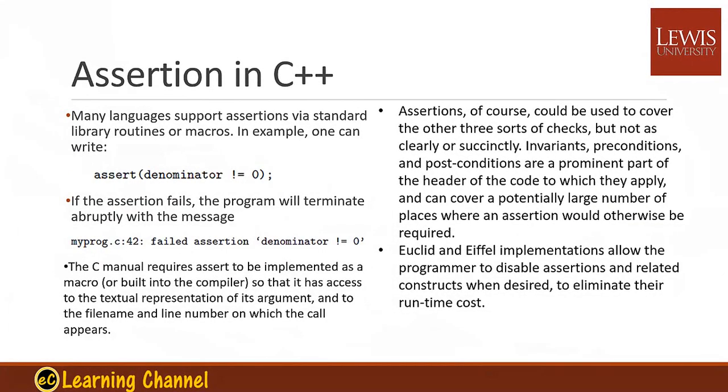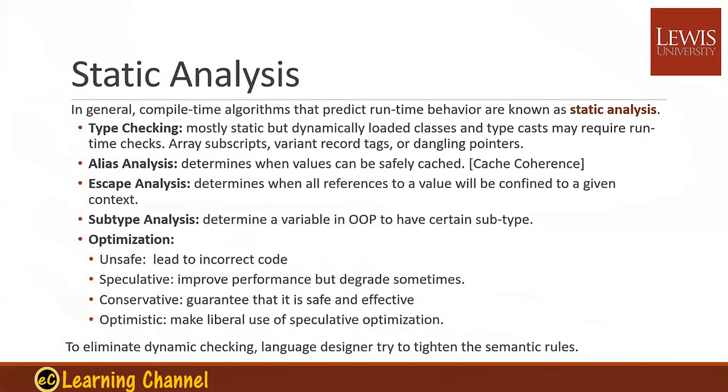Assertion in C++ is similar. When an assert fails, you break. But nowadays everybody uses a try-catch block. Static analysis, in general, is a compile-time algorithm that predicts runtime behavior. These include type checking, alias analysis, escape analysis, and subtype analysis.